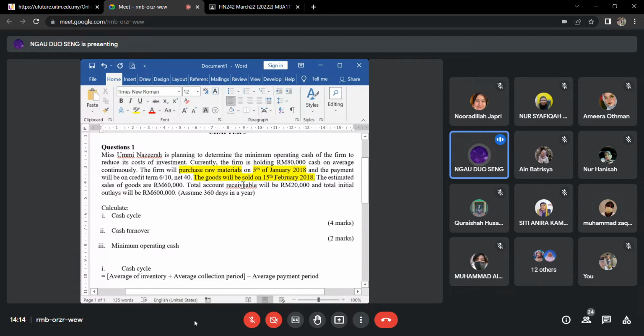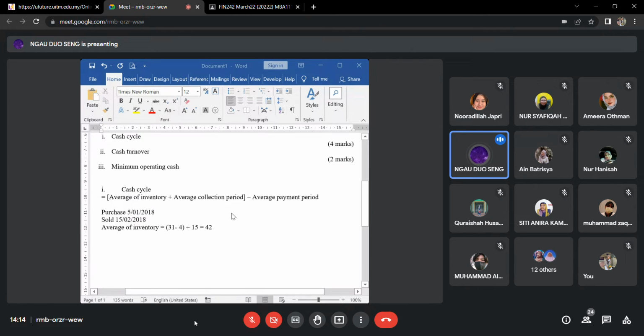Alright, they have given you receivable and sales. So meaning that this one we use the formula. We use the formula to calculate. So again now you just take out your slide and then you just copy the formula. Here we have the average collection period. We have receivable and sales.